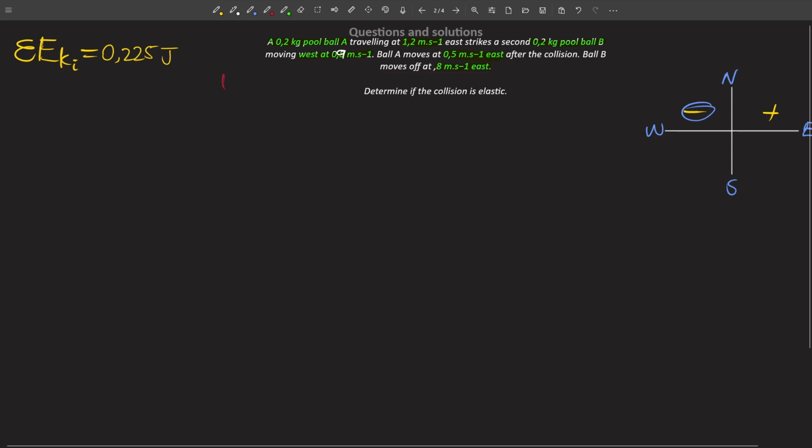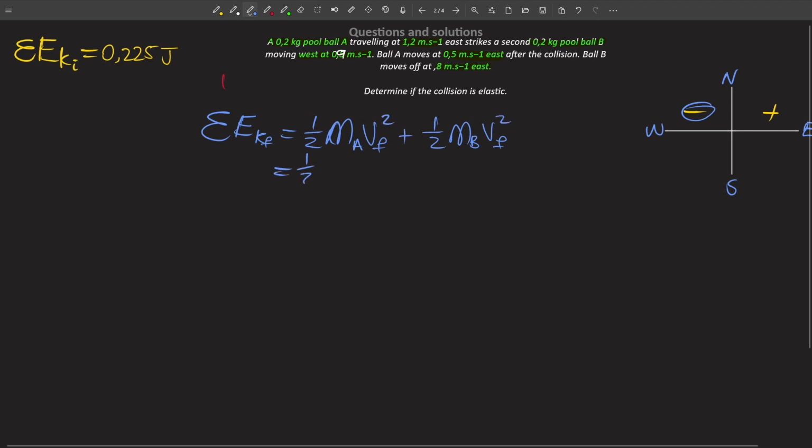Now let's look at after collision. After collision I will have the same: ball A, final velocity of ball A, ball B, final velocity of ball B, both squared.